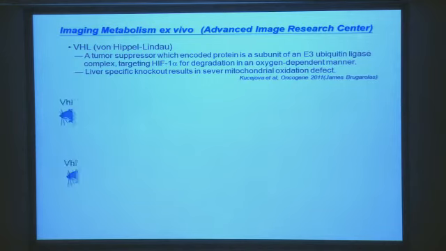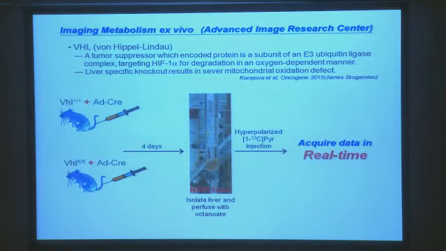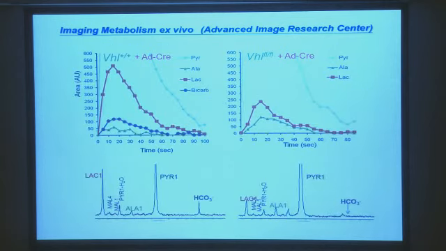So the way we do that is we inject the mouse with adenovirus Cre into a wild type or a flox mouse. 4 days later, isolate the liver and perfuse them with octanoate, which is a fatty acid. Following by injection of hyperpolarized pyruvate, then we can acquire data in real time, real fast.